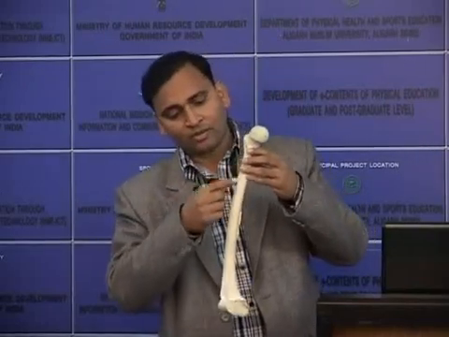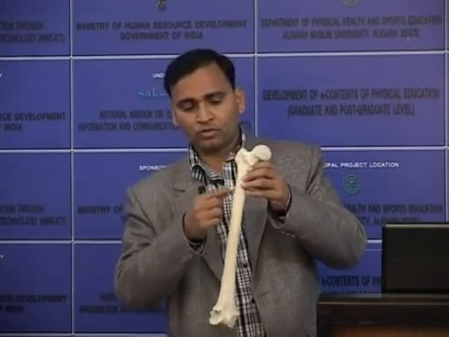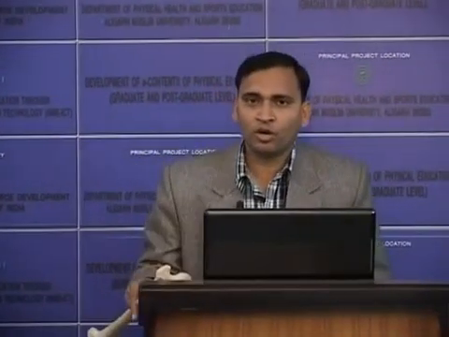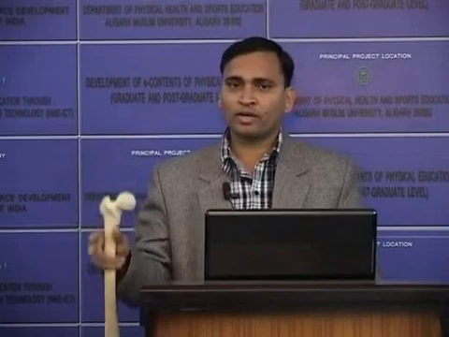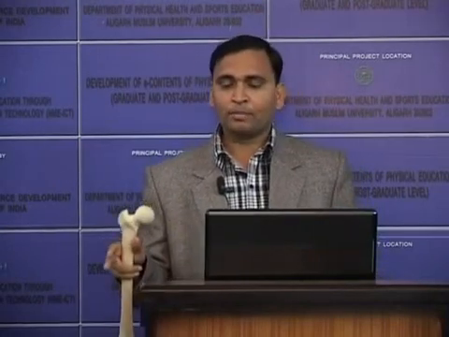This is the line known as linea aspera. So it has different origins: first from the lateral side of the greater trochanter, second from the intertrochanteric line of the femur, and third the lateral lip of linea aspera. So this is the second muscle.